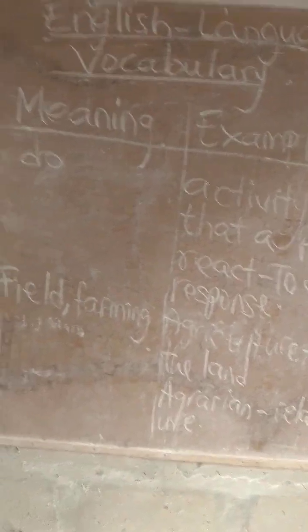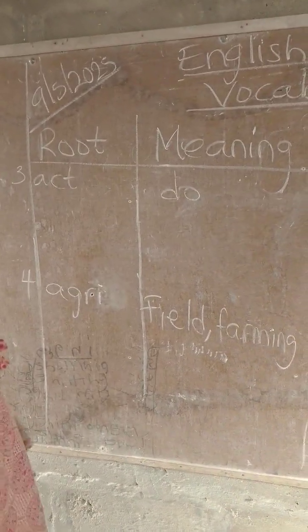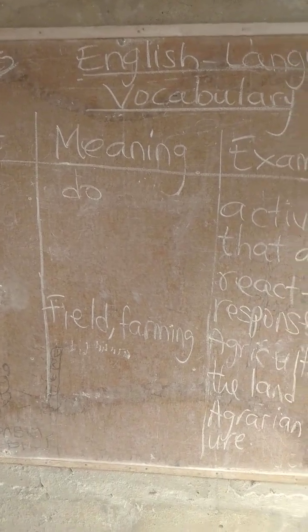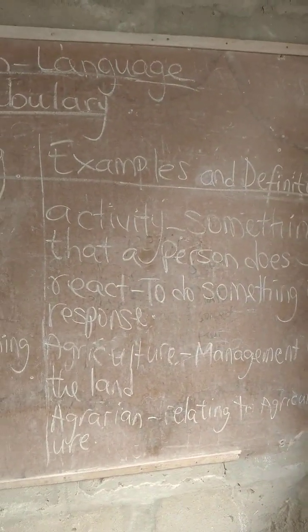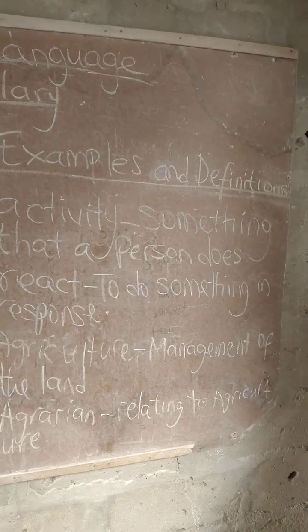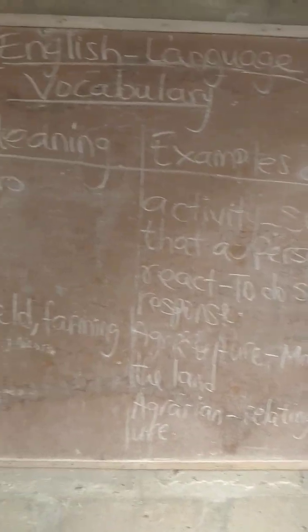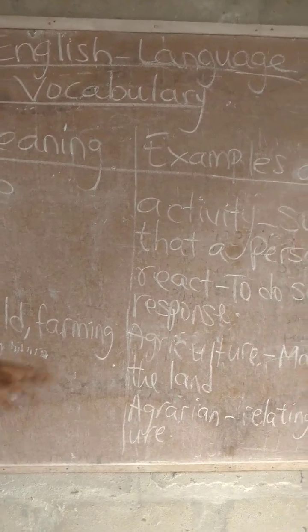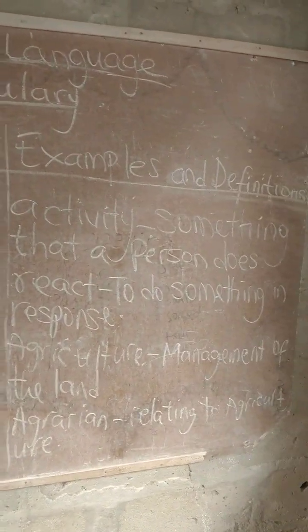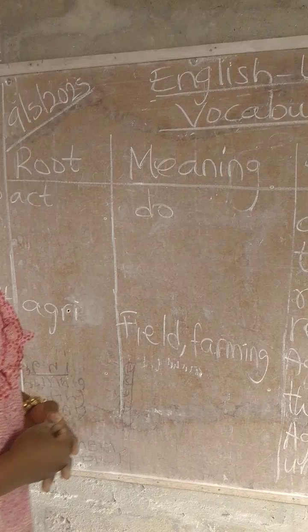Agriculture, management of the land, that is cultivation of land in order to produce what? Rearing of plants and animals, and cultivation of land in order to produce raw materials for industrial uses and for man's use. You can see that agriculture is very important for us. Without agriculture, you cannot eat, because agriculture provides the food you eat.